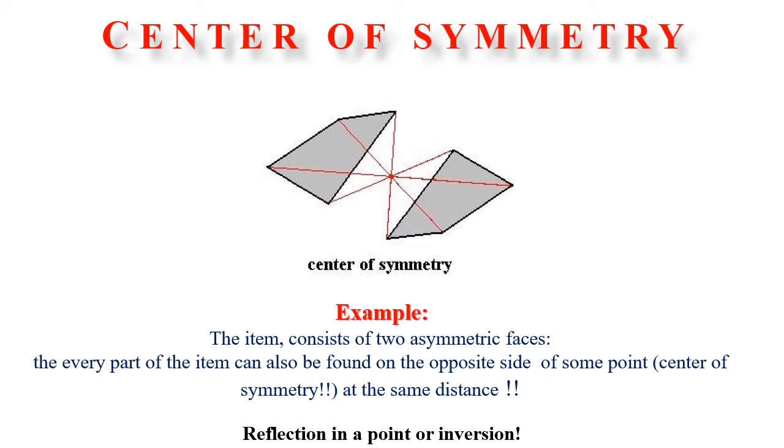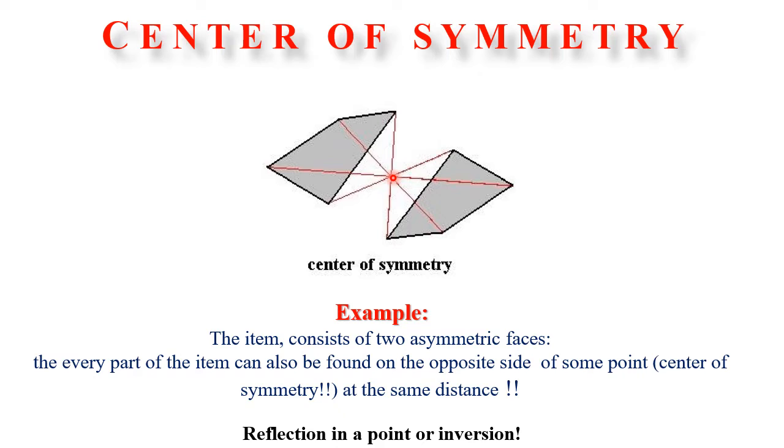The center of symmetry, for example, this item consists of two asymmetric faces. Every part of the item can also be found on the opposite side of the same point. If you take this point and this point, you are going to get every item in the same fashion as it is in this direction, and also at the same distance from this point.